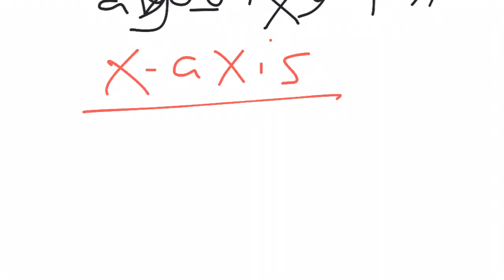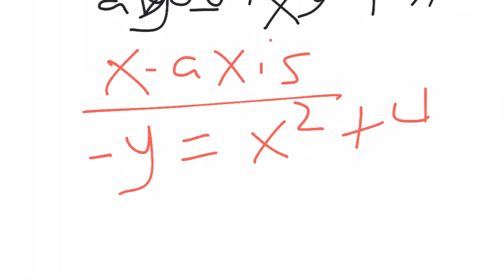So now to test for symmetry about the x-axis. To do that, you have to plug in negative y in for positive y. So you're going to start with negative y equals x squared plus 4.